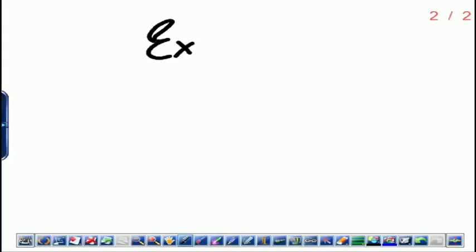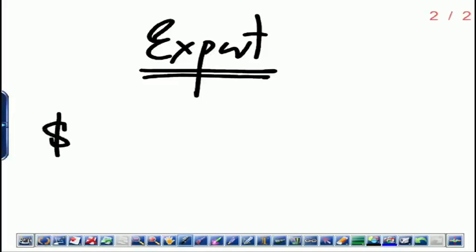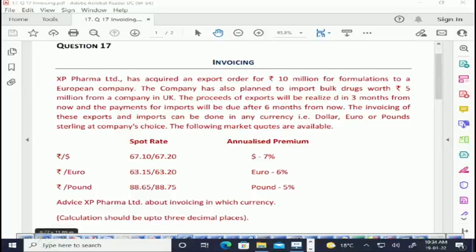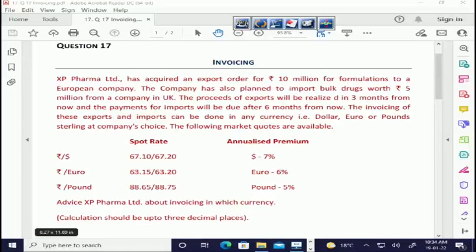So, export invoicing. If we invoice in dollar, the invoice amount will be 10 divided by 67.1, because dollar will be sold today at 67.1 to get the rupee amount. So 10 million is the rupee amount, and the dollar equivalent is 10 by 67.1.